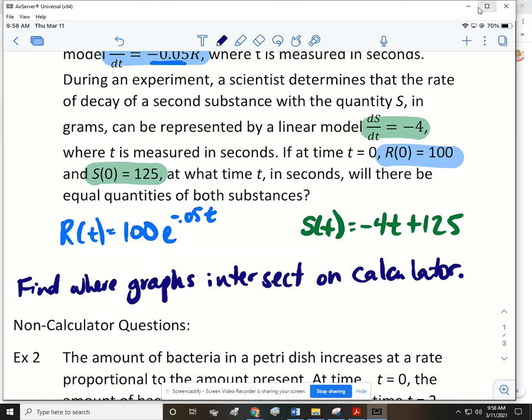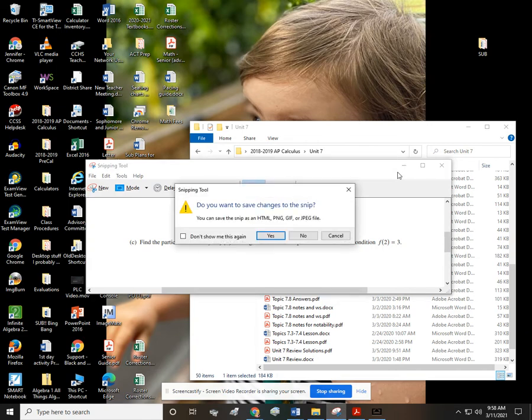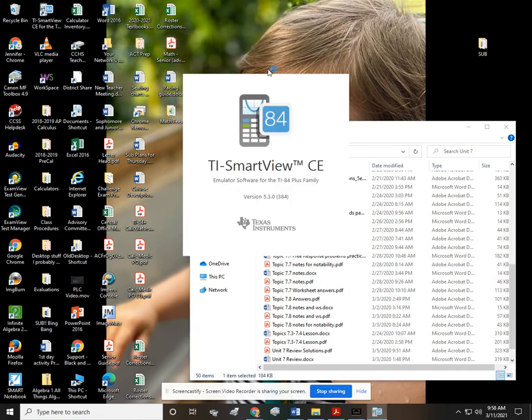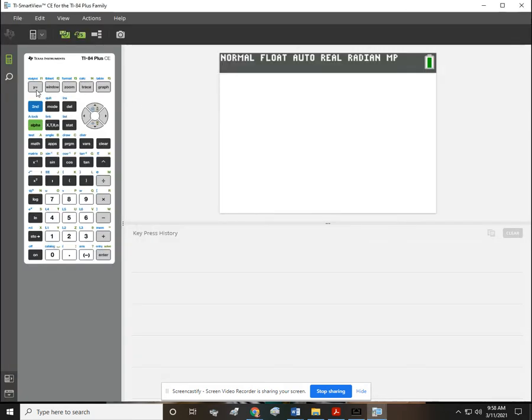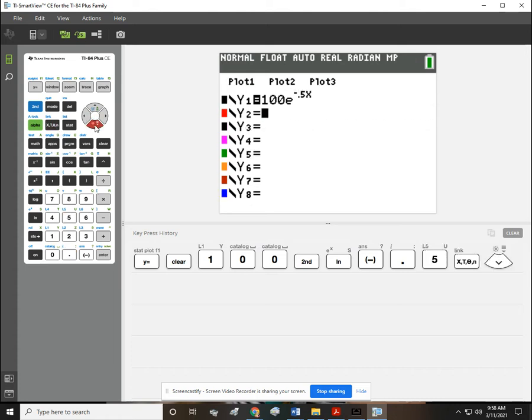In Y1, I'm going to put what R is, and then in Y2, I'll put what S is.